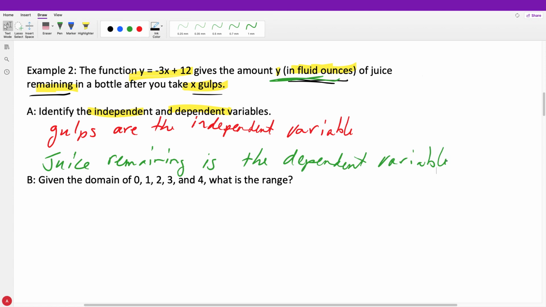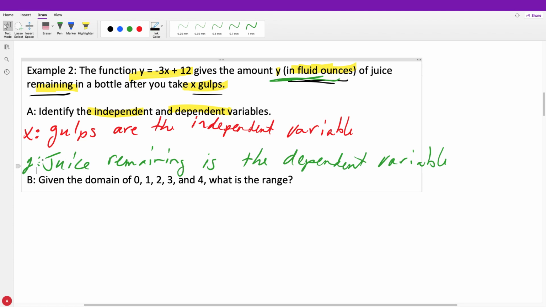We can't just say all of a sudden, I want to have half of this juice remaining without taking any gulps, unless we're poking holes in it or dumping it out, which completely changes this problem. Our juice is completely dependent on how much we are drinking. So you see how that is dependent? Our x value is always our independent variable, and our y value is always our dependent variable. So here's our x, and here is our y.